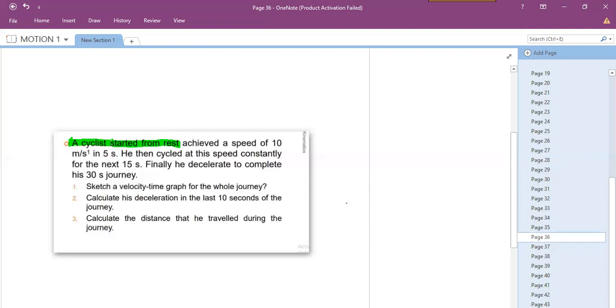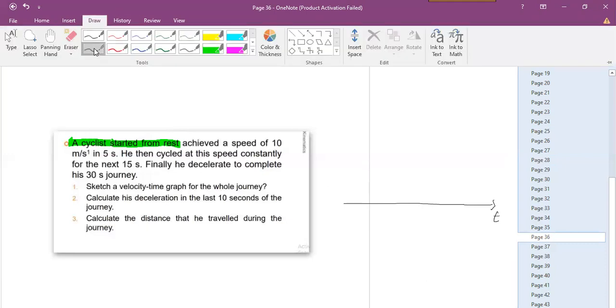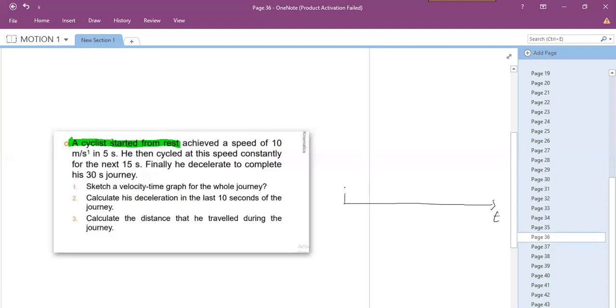So from rest, we're drawing this line parallel to the x-axis. That's t. We're already making marks. Then there will be a line for velocity. Anyway, let me draw it more professionally.